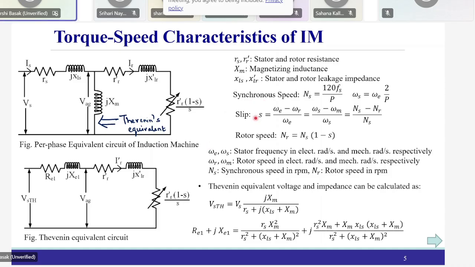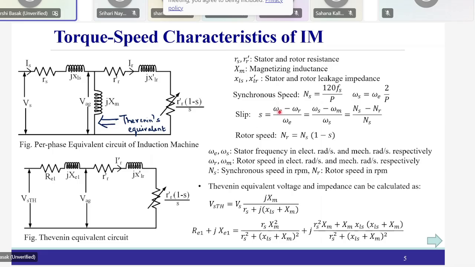also the definition of one important term that is called synchronous speed. Now, synchronous speed is defined as 120 fs by p, which is the speed of the rotating magnetic field. And then also we can define slip. Okay, slip speed is the difference between the rotating magnetic field and your rotor's physical rotor speed.